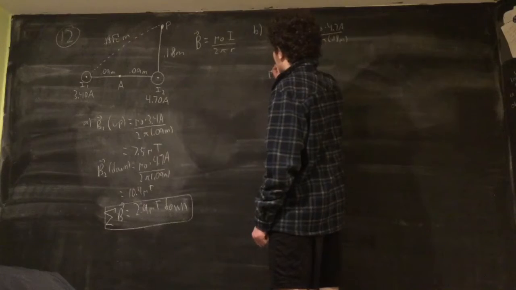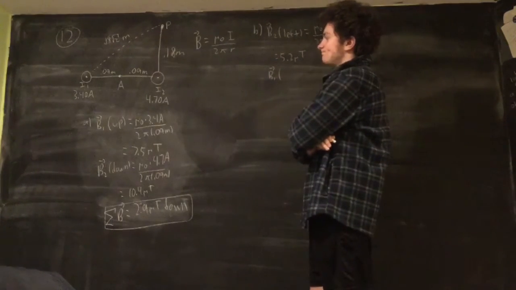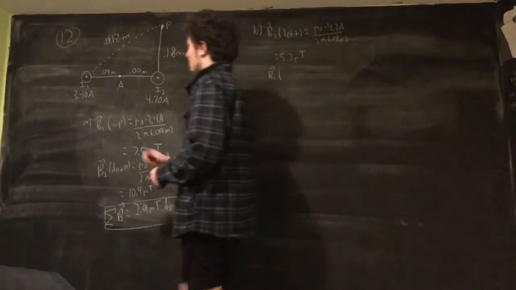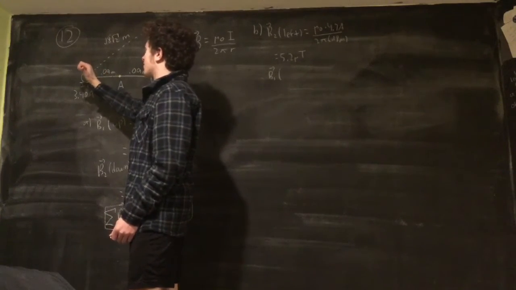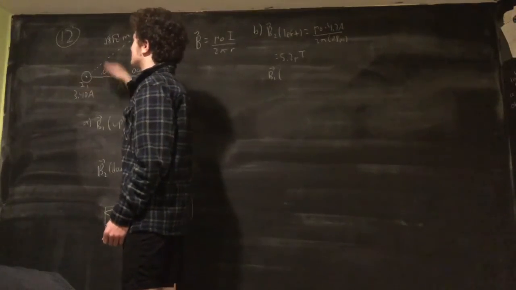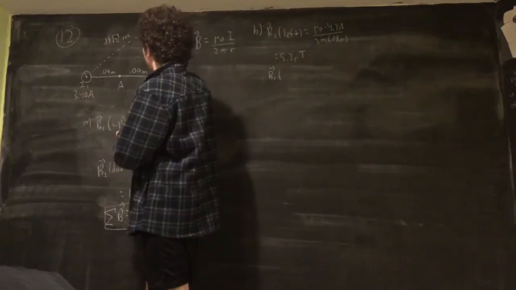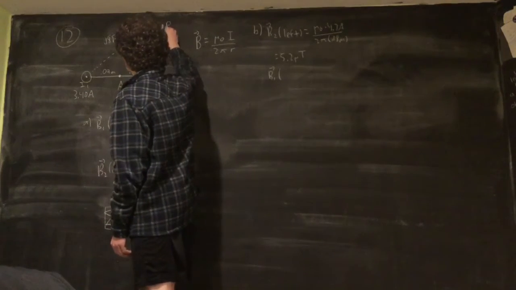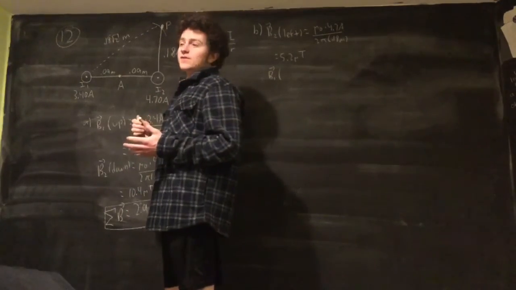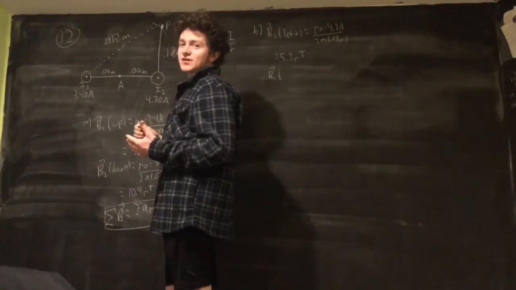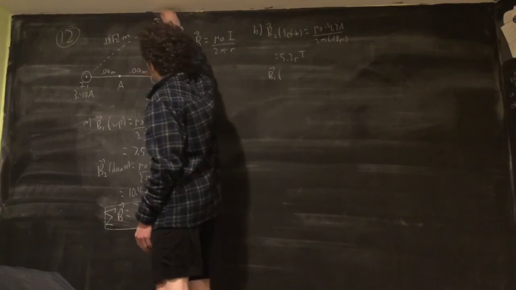So the magnetic field from current number 1, noted B1, what direction is that going to be? We know that from our right hand rule for current, the magnetic field is going to be concentric circles like this. So when it hits up here, it's going to be a concentric circle coming through like that. And we know that the magnetic field is tangent to these circles, so it's going to be in this direction right here.